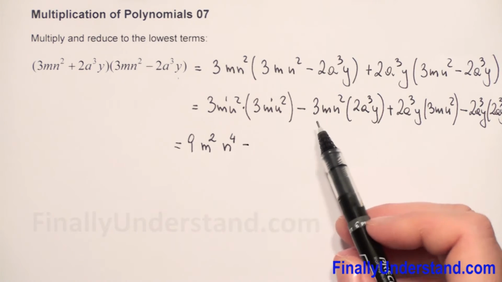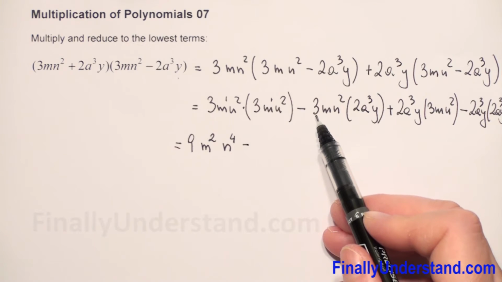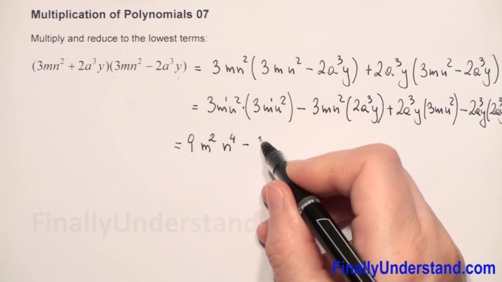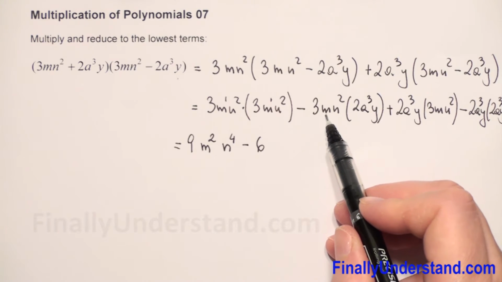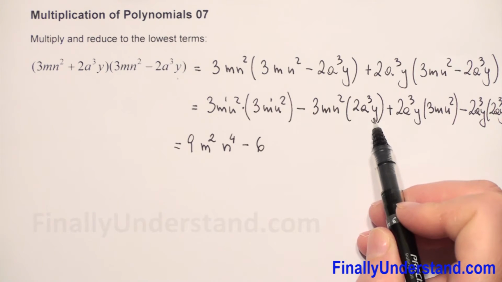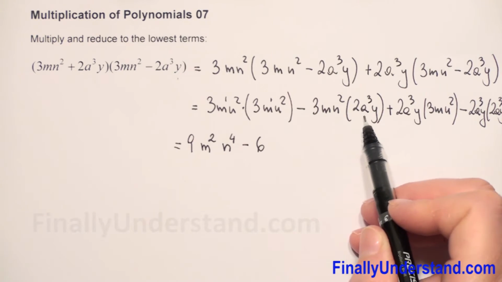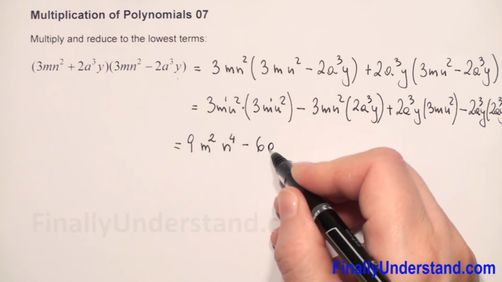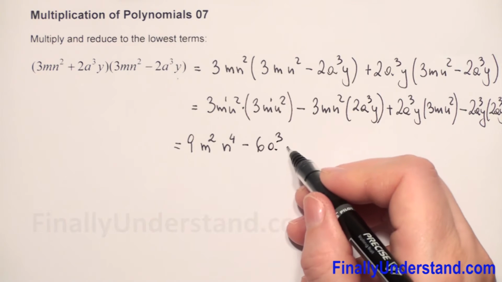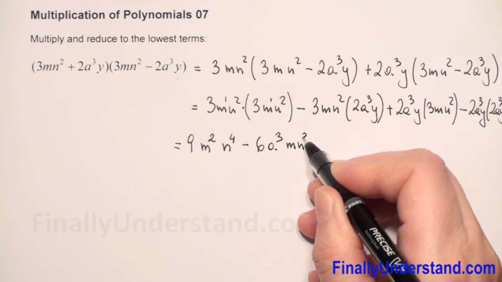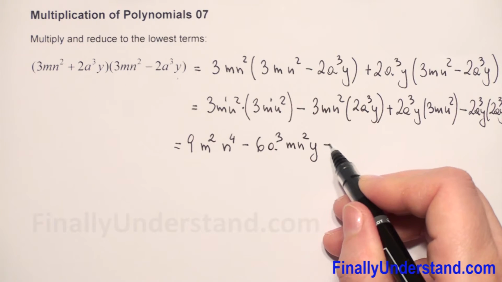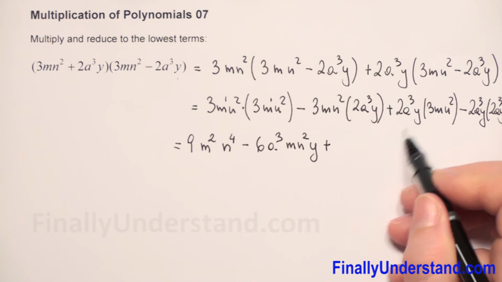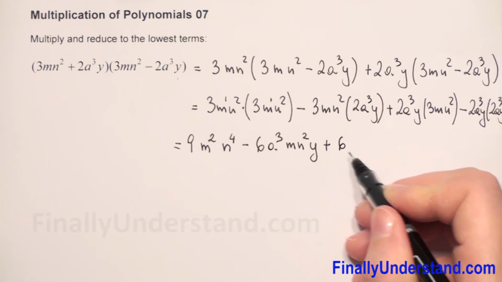Minus, and again, first we multiply the numbers. 3 times 2 is 6. And next, the same variable with the same variable. But here we don't have the same variables, so we will put these variables in alphabetical order. So first will be a cubed, next will be m, n squared, and we have y, plus number times number. 2 times 3 is 6.